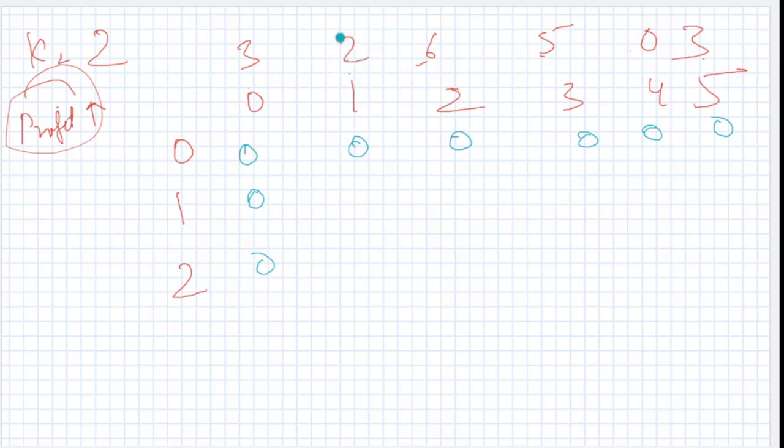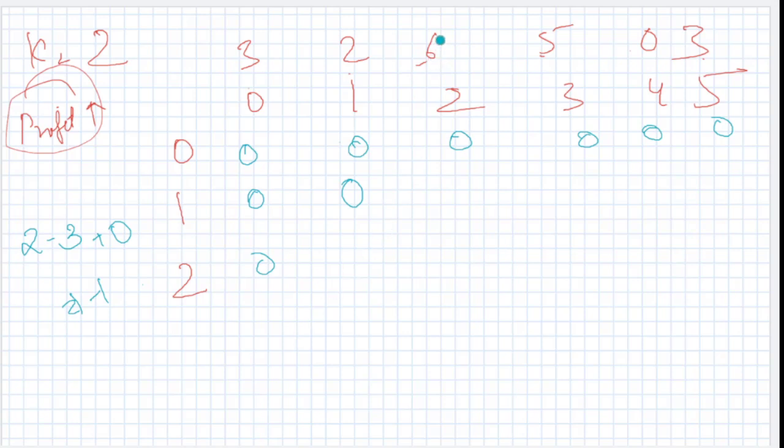You sold on 2, bought on 3, plus your earlier day profit. This gives minus 1, obviously, which is not optimal. And your previous day profit was 0. So your result should be the maximum of this. So it gives out to be 0.